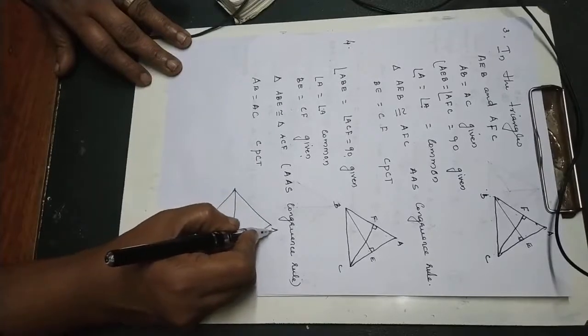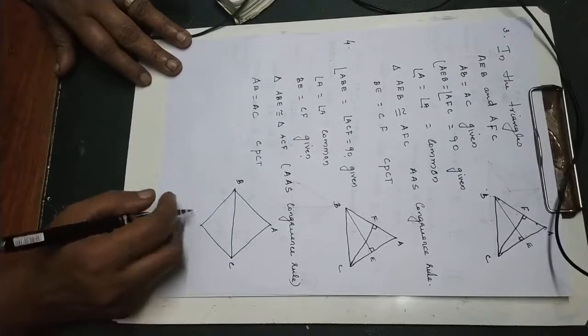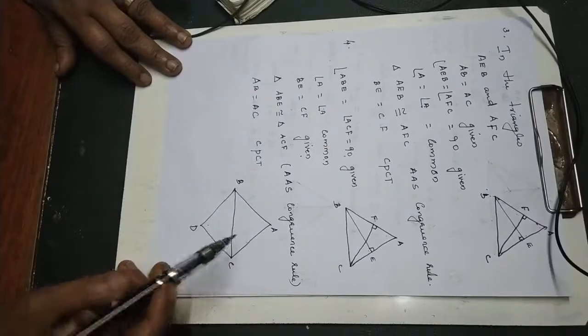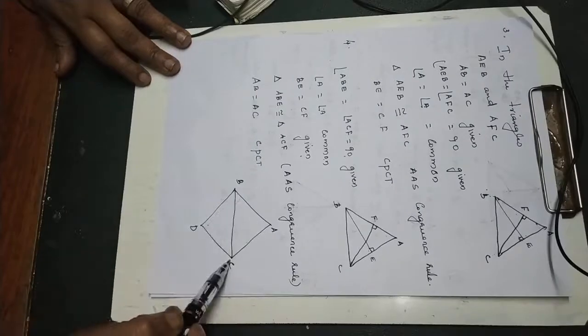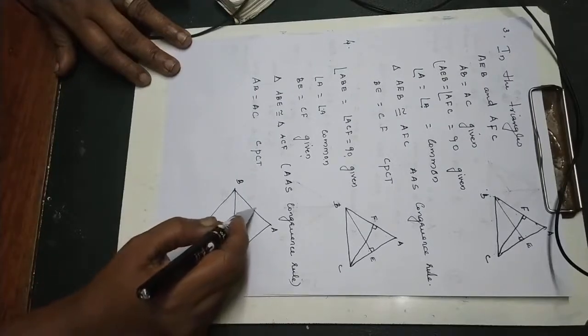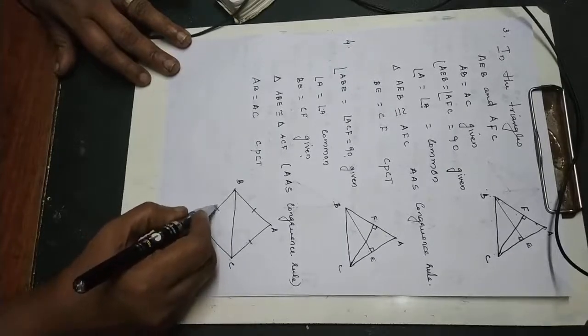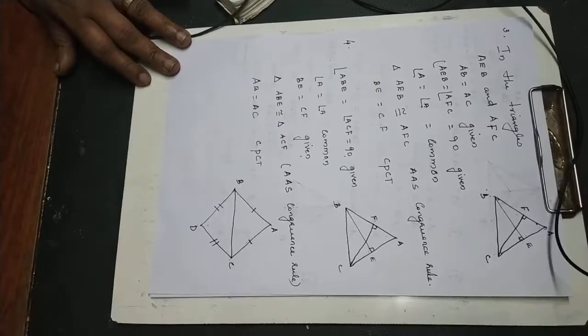Now ABC and DBC are two isosceles triangles, that is ABC is an isosceles triangle and BDC is also an isosceles triangle. So AB will be equal to AC and BD will be equal to DC.